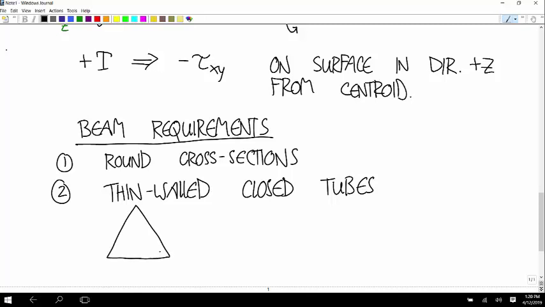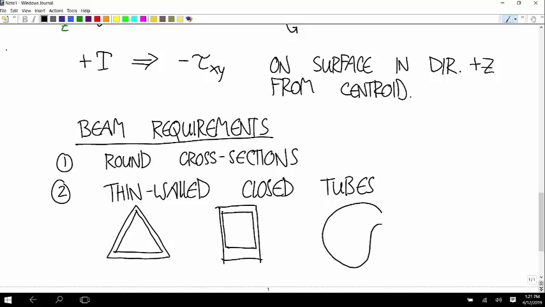So you could have a cross section like this. I'm trying to draw all these thicknesses different. Those are both fine. The thing we can't do is, well, okay, let me just go back to a triangle shape.